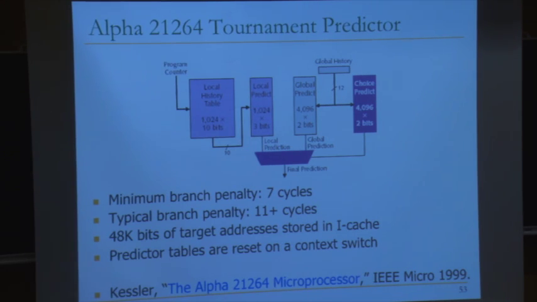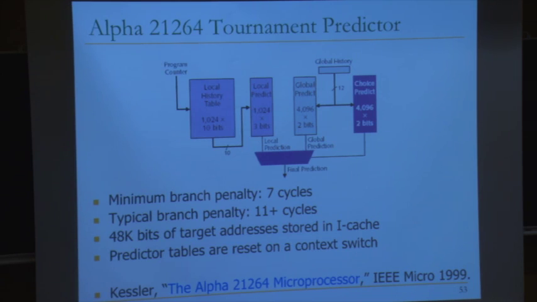Now you have a local prediction here and a global prediction here. How do you select between them? This was their selector. They took the global history, and that global history register indexed into a choice predictor that said, the last time I saw this history, which predictor gave me the correct prediction? So it's all dynamic. So if a predictor consistently gives a good prediction, this choice predictor would be biased.